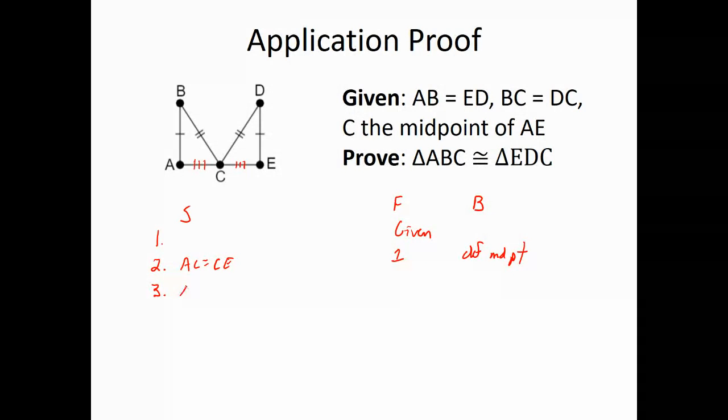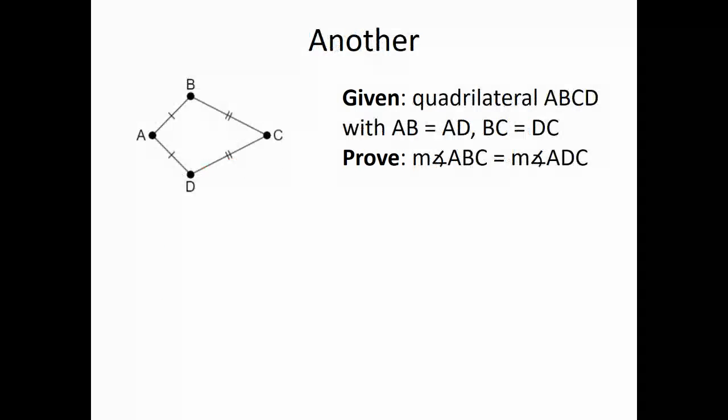So it follows now that triangle ABC is congruent to triangle EDC. And that follows from, well, we need the two side equalities in the given. We also need the equality in line number 2. And it follows by SSS congruence that the triangles are congruent. So there's a very simple proof for you.